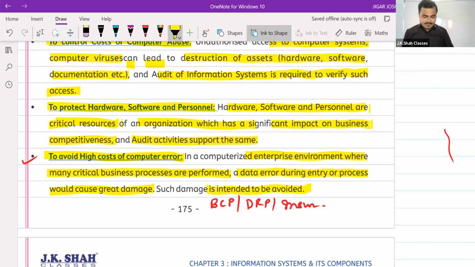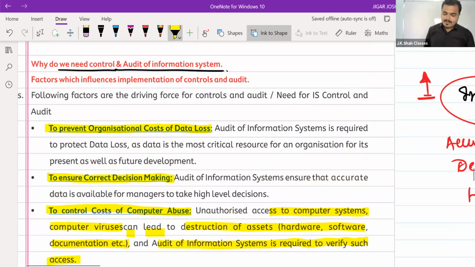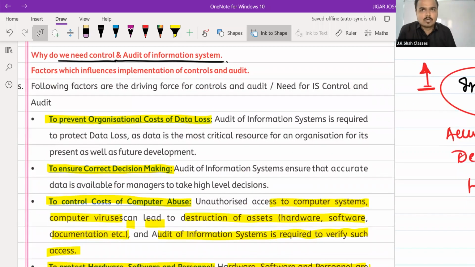Can you please repeat the points with me? Number one, prevent the organizational total cost of data loss. Number two, ensure correct decision making.